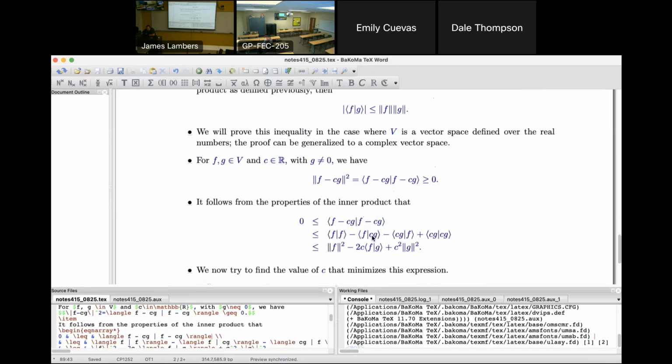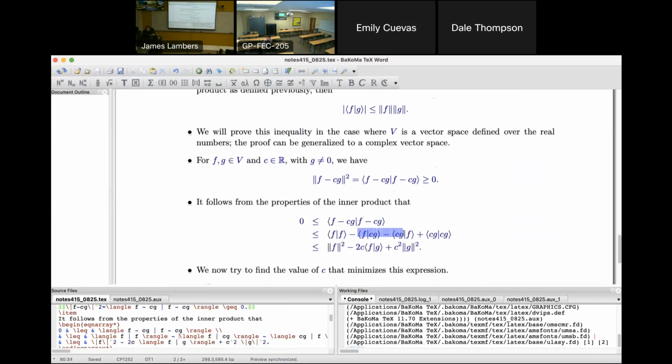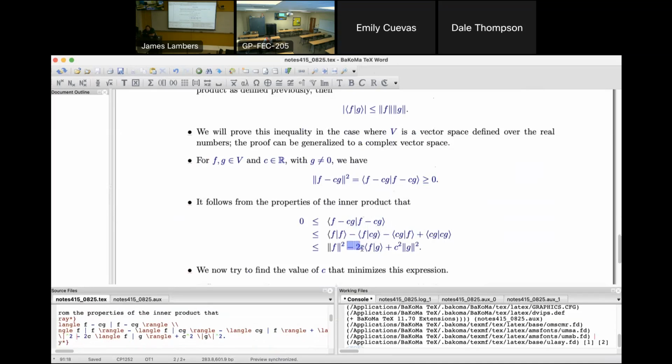And then these constants can be pulled out of the inner product. So these two terms actually end up being the same, because you can pull out the c, but also when f and g are real, the scalar product is commutative. So f scalar product g equals g scalar product f. So these terms combine.